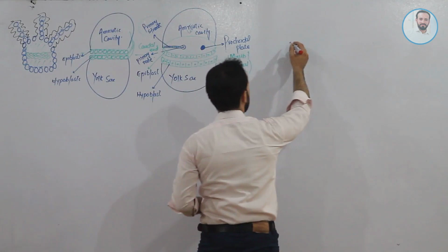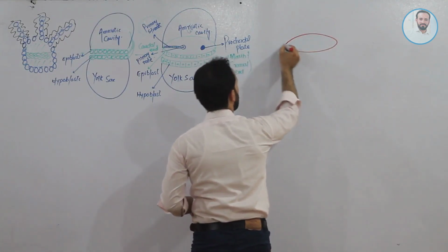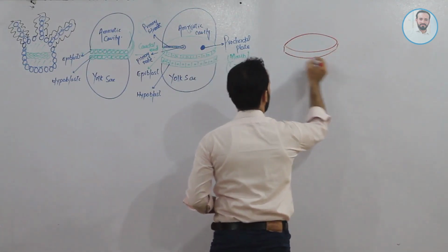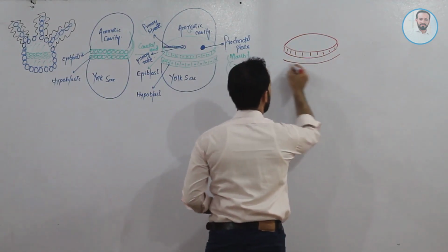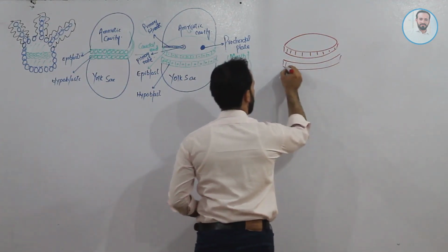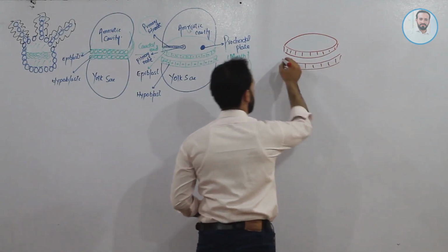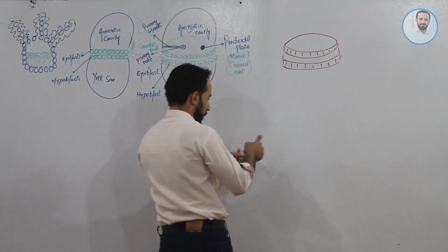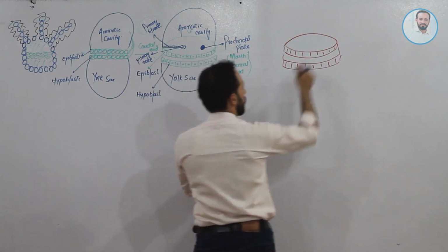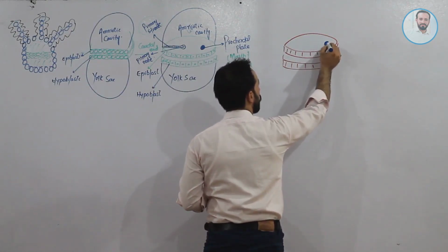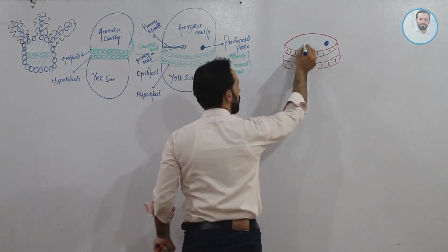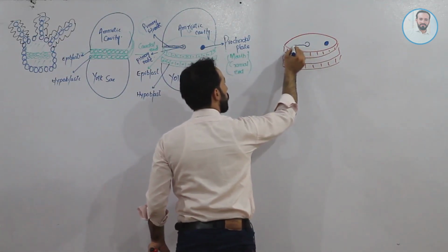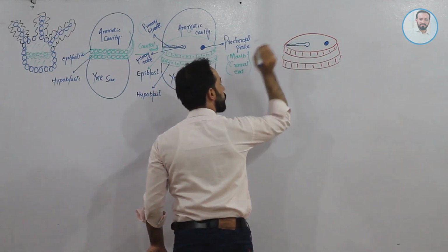Okay, so let's make our diagram complete here. This is our epiblast layer, right? And this is our hypoblast, right? Okay. Now as we know that here was the procaudal plate and here was the primary node and there was the primary streak.